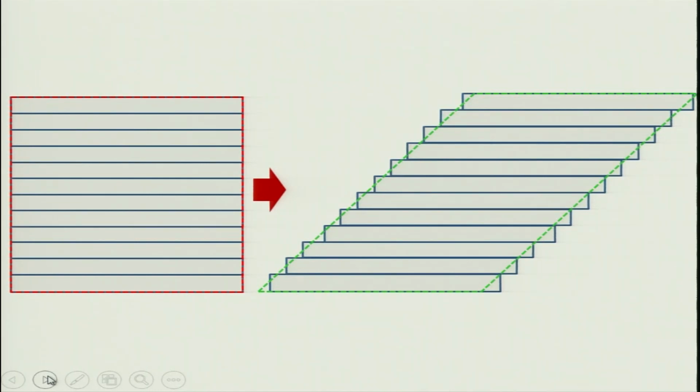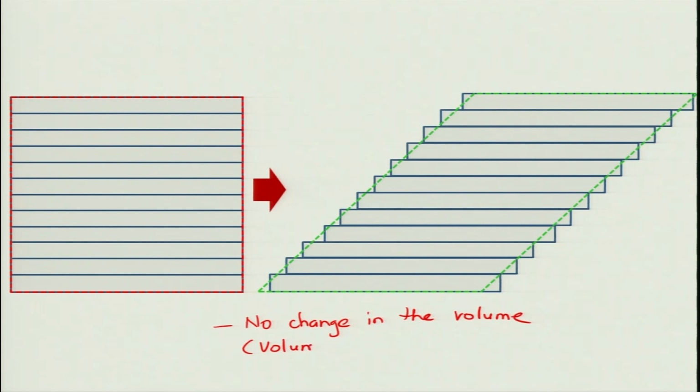So, a perfect crystal, when deformed by motion of dislocation in successive planes, leads to the creation of these steps, and you can see that it creates a deformation. What happens here basically is there is no change in the volume. Volume remains constant. So, the constancy of volume has to be followed.